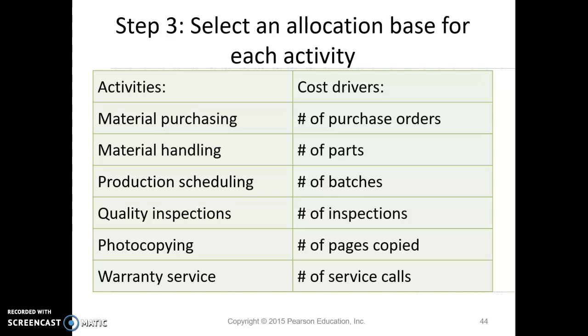So for example, for purchasing, we said the number of purchase orders. So we're going to take the total cost of purchasing and divide it by the number of purchase orders. That's going to be our activity rate. Materials handling, how many parts needed to be moved? Production scheduling, how many batches? Inspections, the number of inspections. So you can see it makes sense how they're determining these allocation bases.